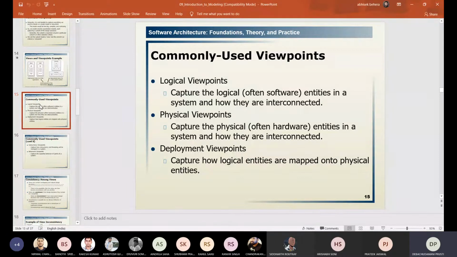It is the mapping from the logical to the physical entities, from the software components to the hardware devices, showing how the software is associated with the hardware devices.